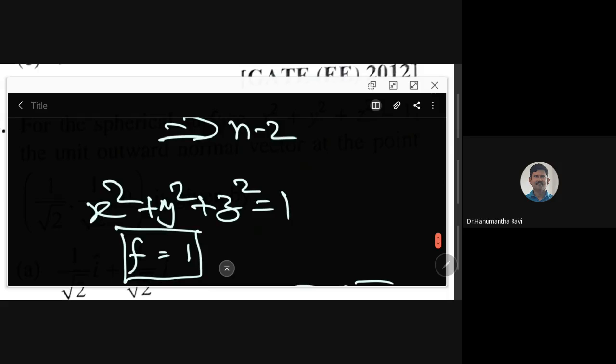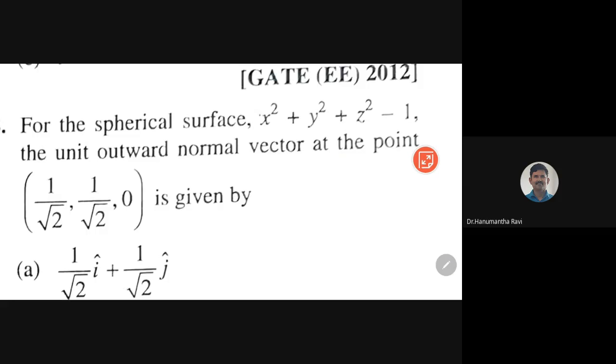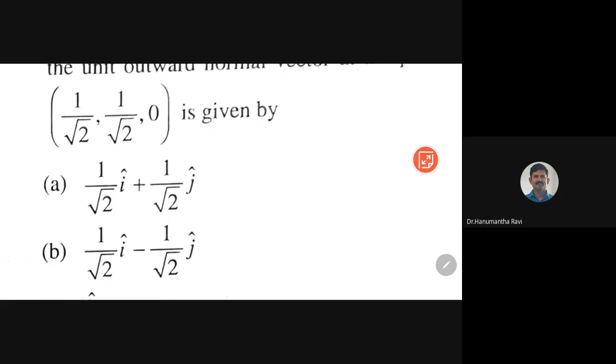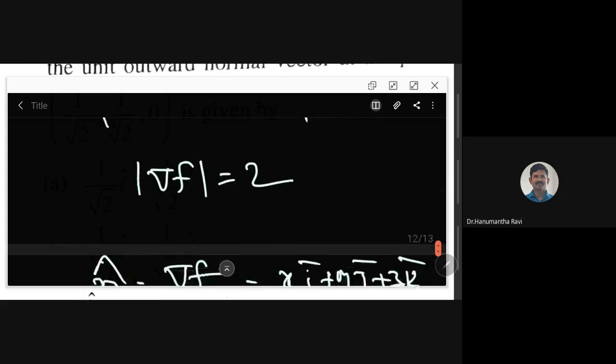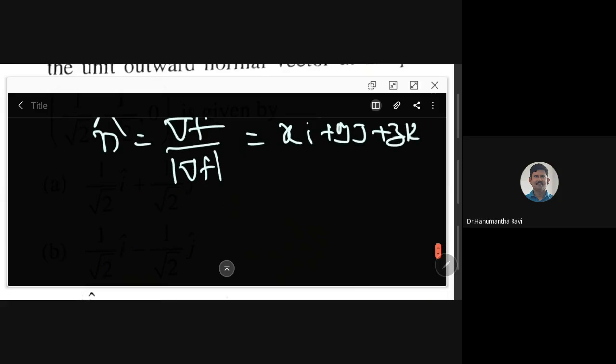So what we are asked to do: the unit outward normal vector at the point 1 by root 2, 1 by root 2, 0.